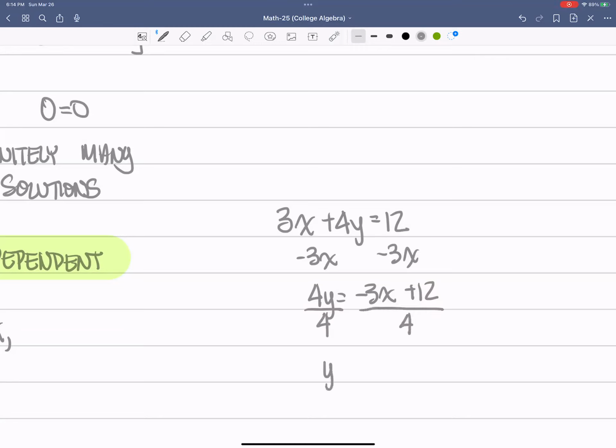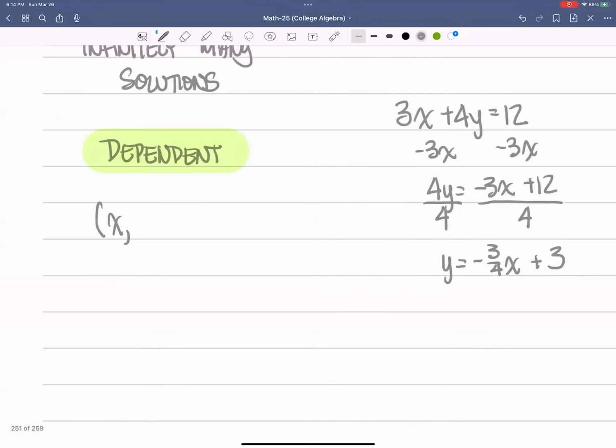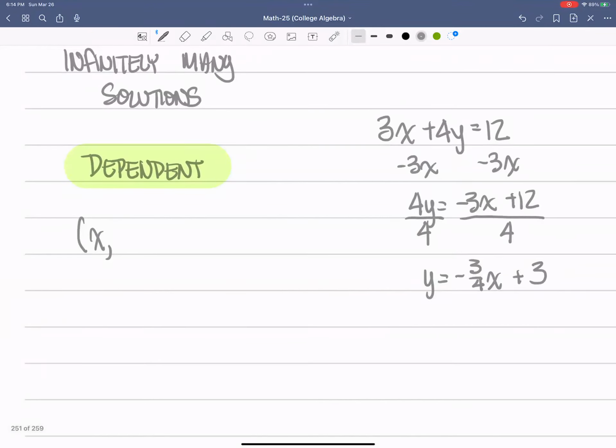We end up with y is equal to negative 3 over 4 x plus 3. And that's what y is in our solution. Y is equal to negative 3/4 x plus 3, and this is our solution.